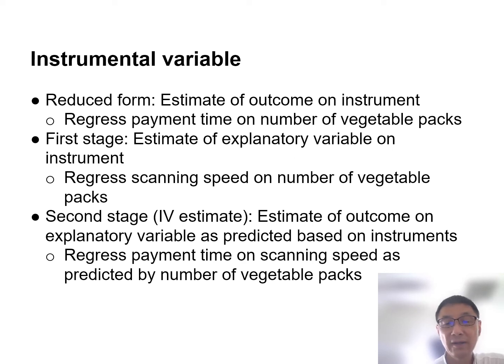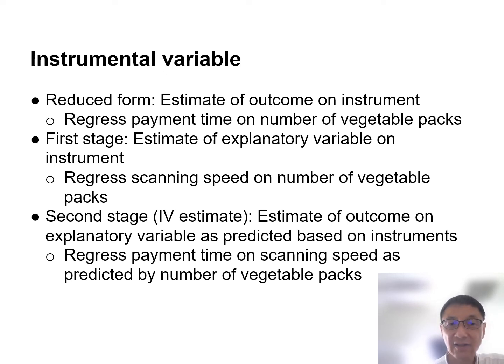contrasted with the instrumental variable estimate, which comprises two stages. The first stage is the estimate of the explanatory variable on the instrument. So we regress scanning speed, which is the explanatory variable that we're concerned about, on the number of vegetable packs. That's the first stage.